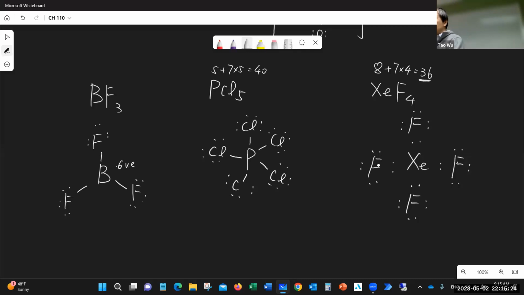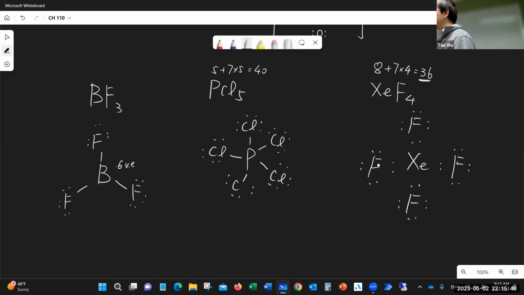Another thing: when you assign single elements, you assign one single dot on each side first, unless you have more. That's for single elements.